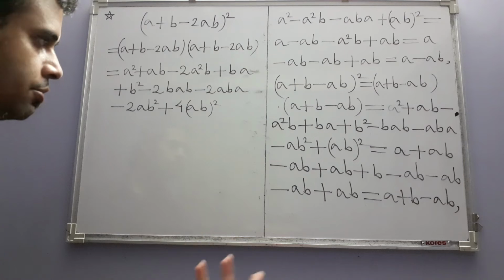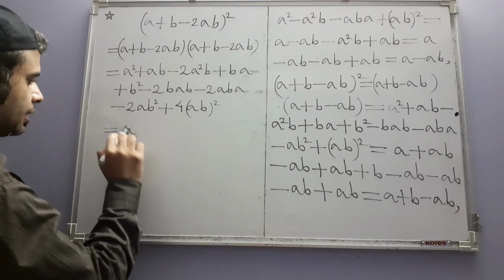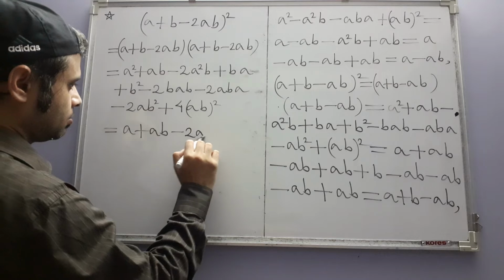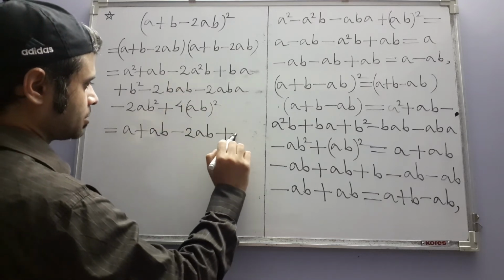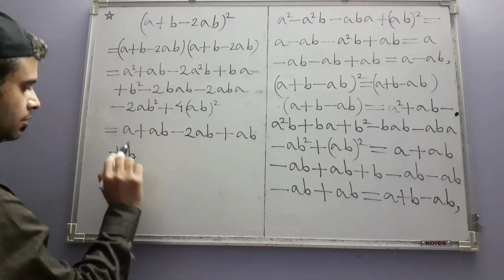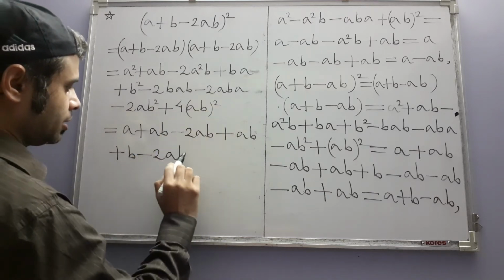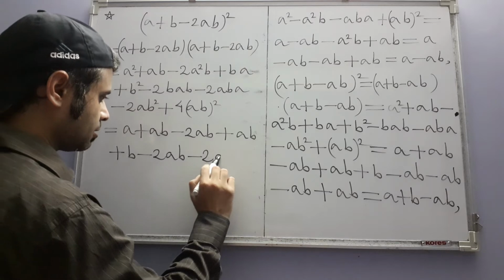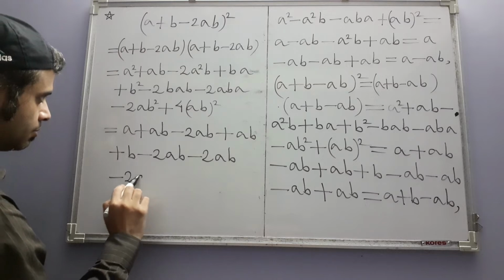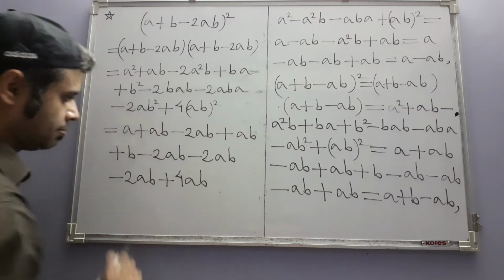Okay, now using commutativity, idempotence of a and b and everything, we ultimately have a plus ab minus 2ab plus, in place of ba we can write ab, plus b minus 2ab square, but that becomes ab, minus 2a square b, that also becomes ab, minus 2ab square becomes ab, and this of course becomes ab.